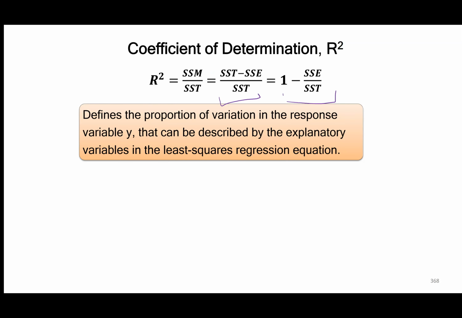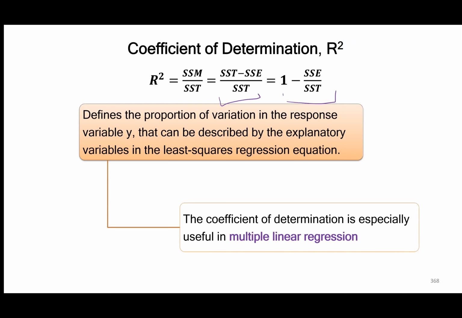So it defines the proportion of variation in the response variable that's explained by the model. So if you look at the observations around the line, there's some variability, right? So we're trying to figure out, well, how much of that variability is explained by the line and how much is left over. So the higher this is, the closer this is to 1 or 100%, the better typically the model is doing at predicting the response variable.